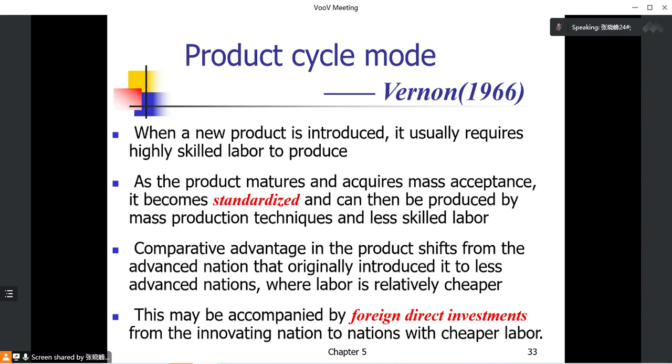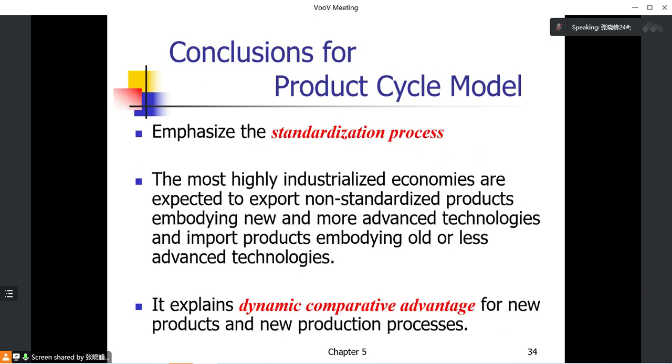This may be accompanied by FDI, foreign direct investment, from the innovation nation to nations with cheaper labor. This is the product life cycle.